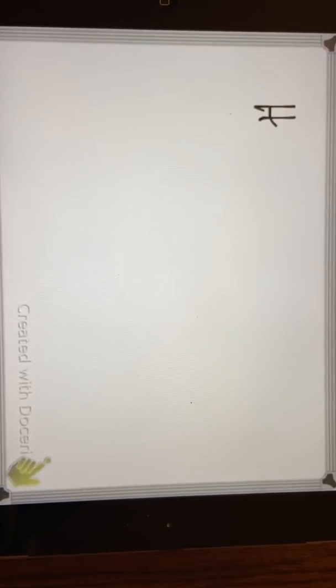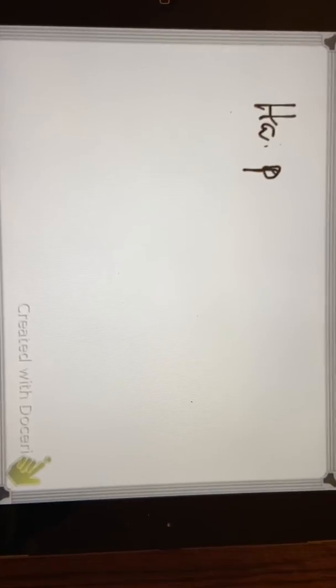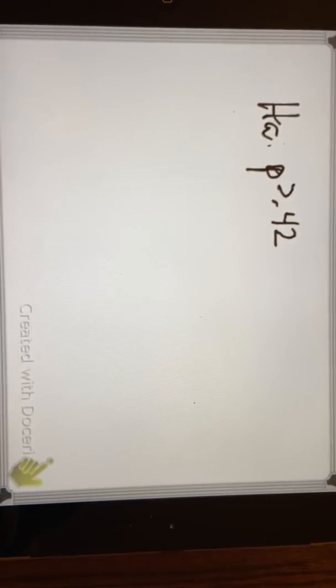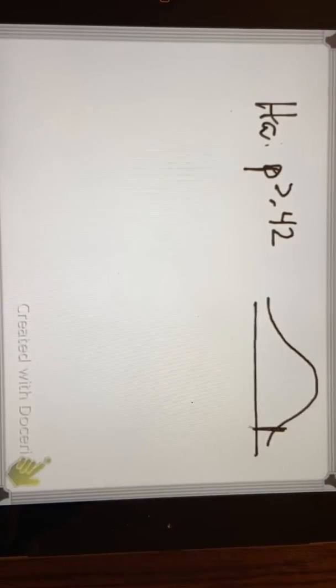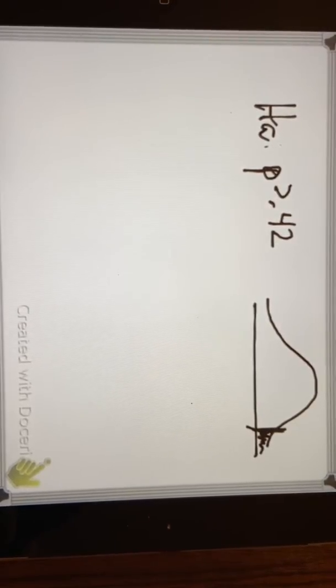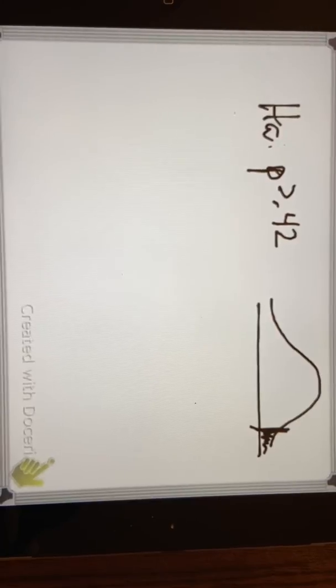The next question says, was your test one tail upper, one tail lower, or two tail? Well, when you look at your alternative, we want it to be greater than 0.42. Well, that means it's a one tail test. That's why I always draw a sketch. And so remember, we were on the upper end of the normal curve.